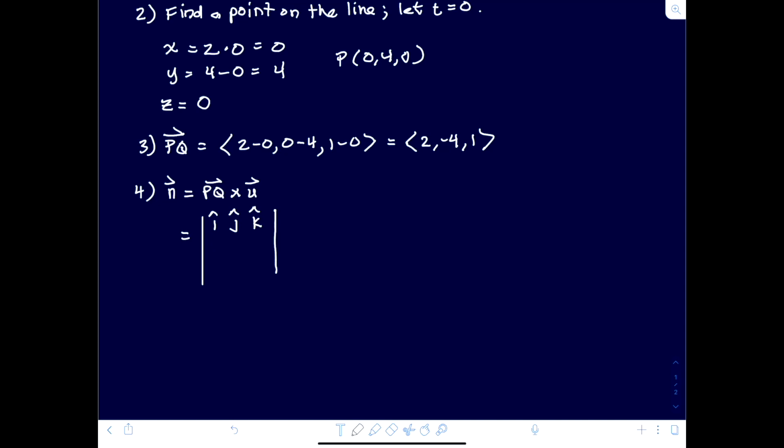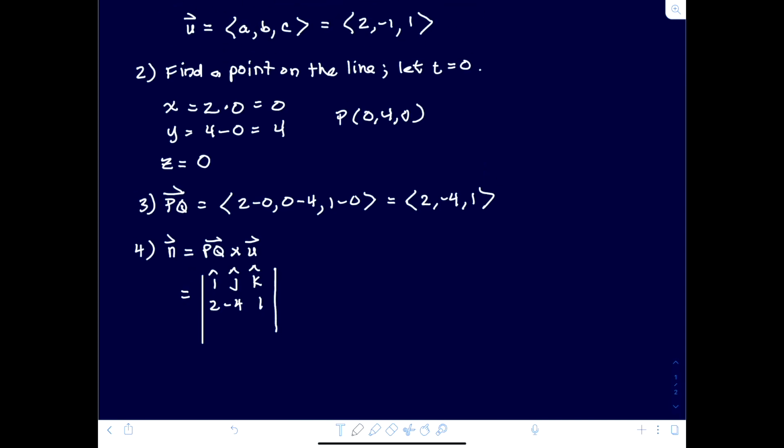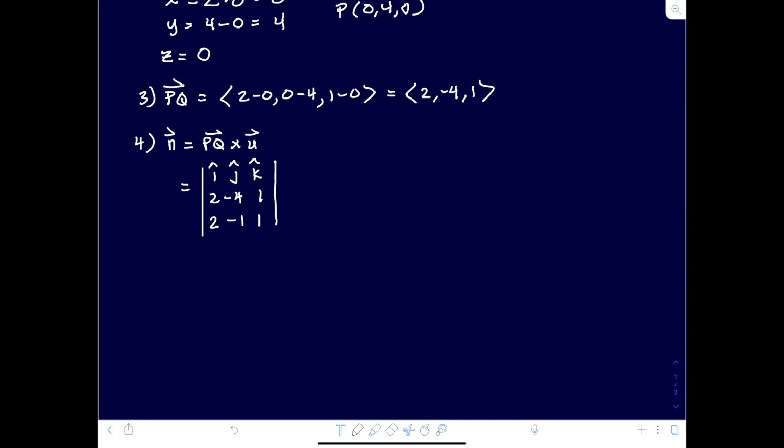So that was 2, -4, 1. And then our u vector we found with the direction numbers is 2, -1, 1. Good so far?